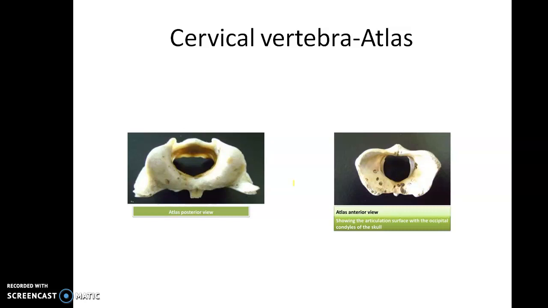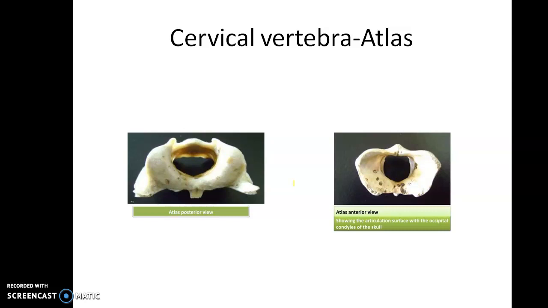The atlas is characteristically ring-shaped. It does not have a centrum. The centrum separates from it early in development and becomes the odontoid process of the axis. The neural spine is very much reduced.